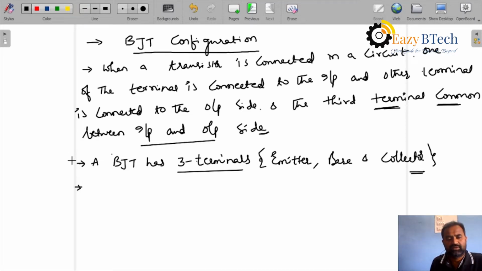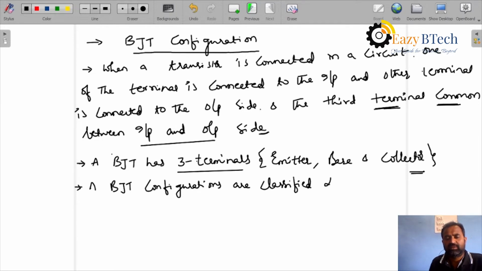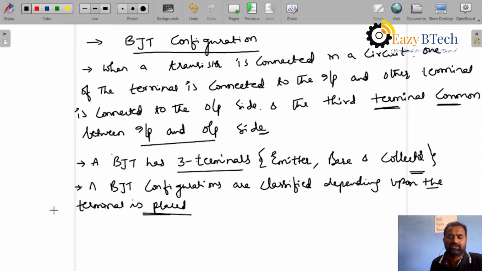BJT configurations are classified depending upon which terminal is placed common. If the base is grounded, it is known as common base.